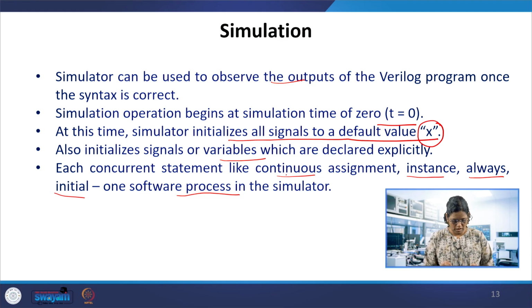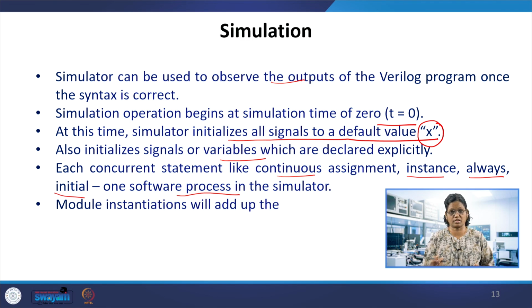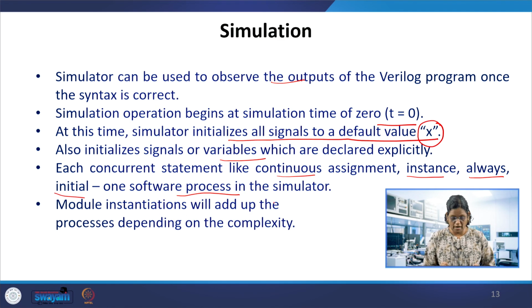Out of the event list, one particular module is selected for the execution. Also before this execution, the module instantiations will be added up, so that the process which is calculated with the concurrent statement will increase if there is any instantiation.